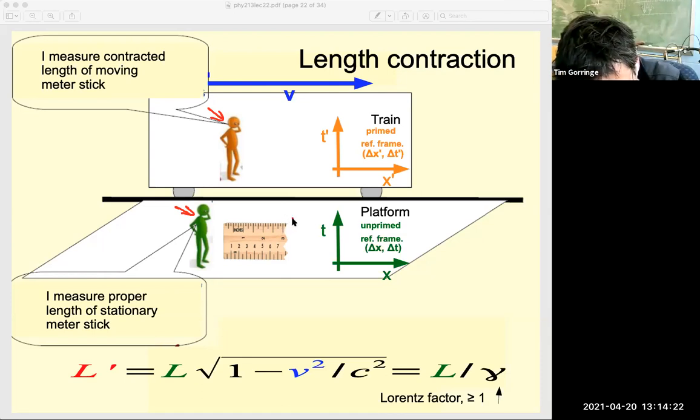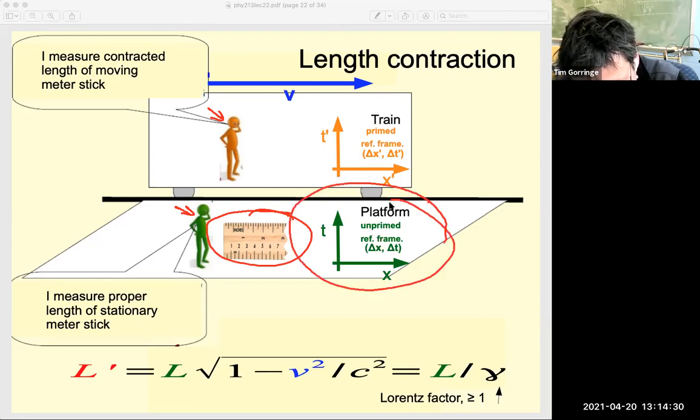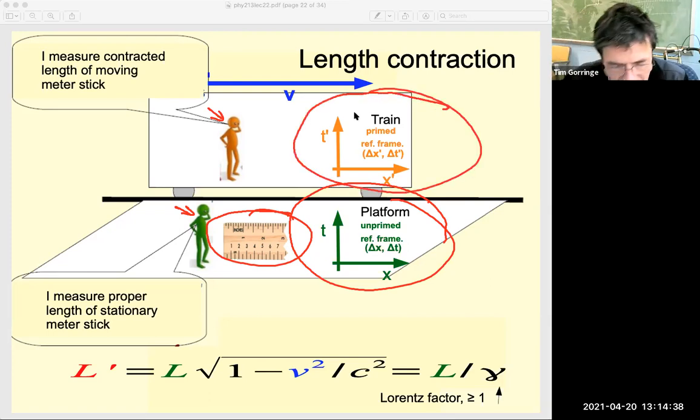So we've got a meter stick in place of a clock here. And we've got their familiar reference frames. Over here on the right bottom is the platform's reference frame, X and T. Over here on the right upstairs is the train passenger reference frame, X prime and T prime. And this is how they measure times and how they measure distances.